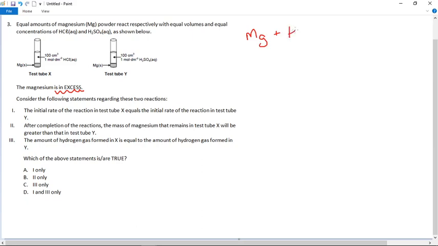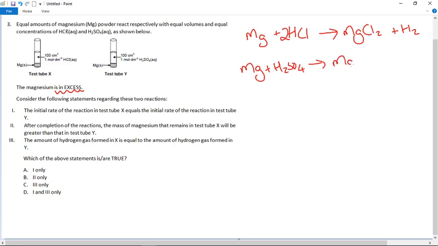So if I have magnesium plus hydrochloric acid and I make a balanced reaction, I'm going to get magnesium chloride plus hydrogen gas, and to balance this I need 2 hydrochloric acids, okay? If I have magnesium and sulfuric acid, I'm going to get now magnesium sulfate and hydrogen gas, and this is already balanced, okay?